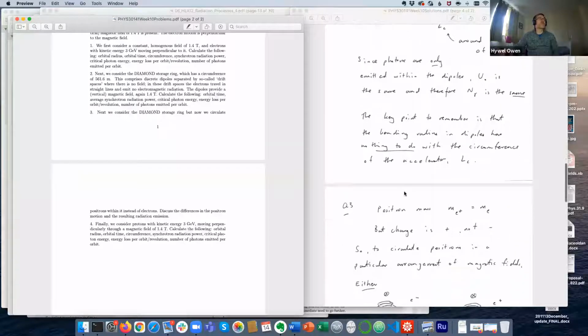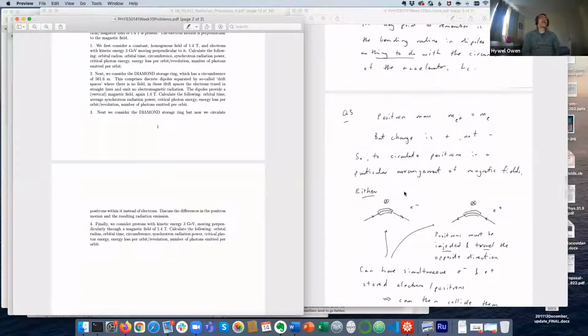Here's question 3. We answer it in the following way. The positron mass is going to be equal to the electron mass. The positron is the antiparticle of the electron. The difference is that the charge is positive and not negative. So if we wish to circulate positrons in this particular arrangement of magnetic fields, and again, you should look at the YouTube videos, and that will show much better than I can what that arrangement looks like.